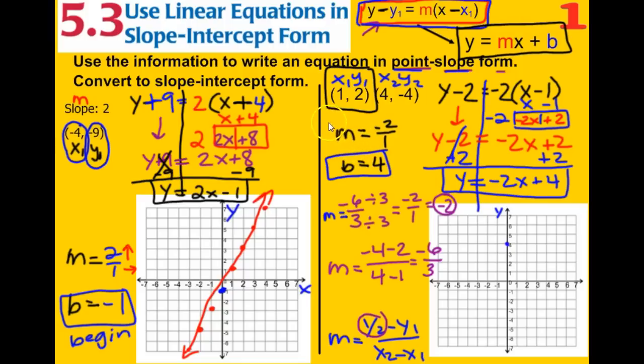And then m, our slope, is rise over run. So negative 2 is not up, it's down 2 and 1 to the right. So down 2 from that point, 1 to the right. Down 2, 1 to the right, and so on. Or we can do the opposite and go up 2, 1 to the left.